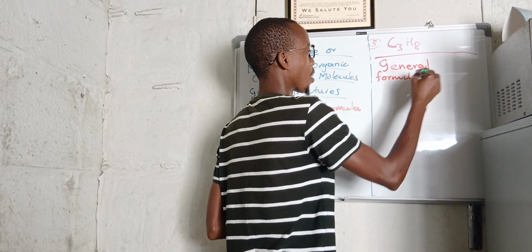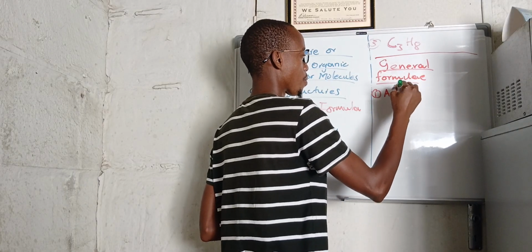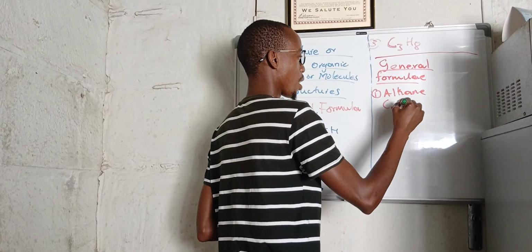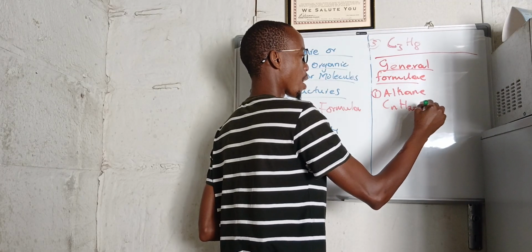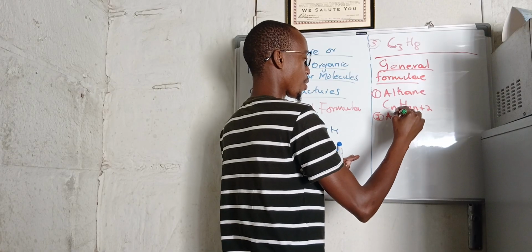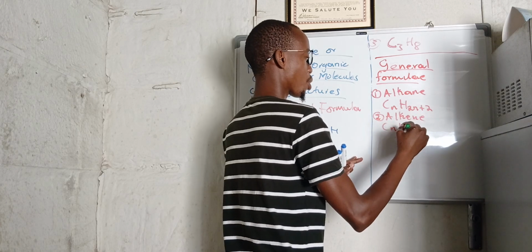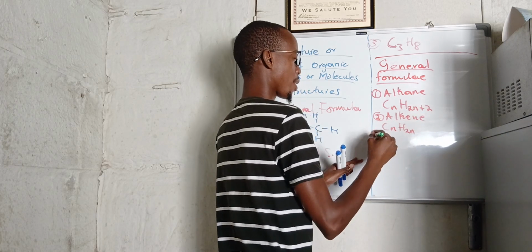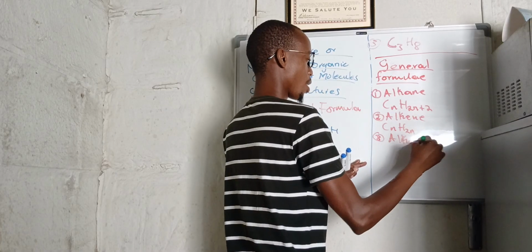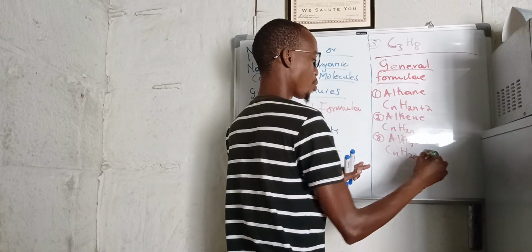Formulae. Alkane has CnH2n plus 2, and then alkene is CnH2n, and then number 3, alkyne is CnH2n minus 2.